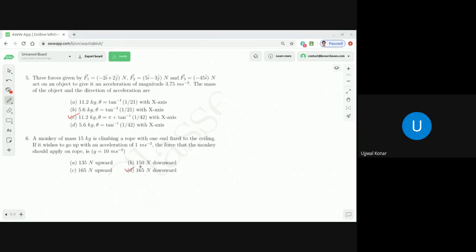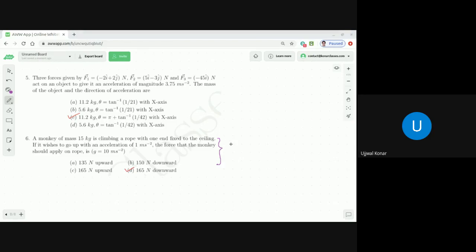Let F be the force applied by the monkey on the rope in the downward direction. Due to this, reaction T acts in the upward direction such that T is equal to F, correct or not? Let me repeat once more.